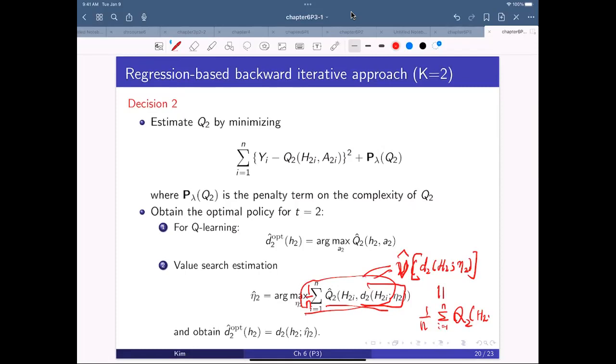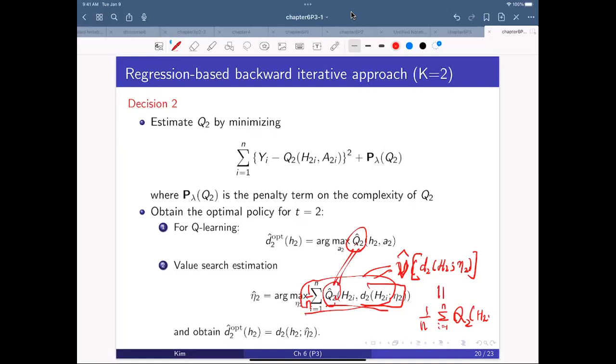They are different, but very similar in terms of using the regression model. Even the value search should also use the response model, this one, Q2 hat. So we are using the same Q2 hat.